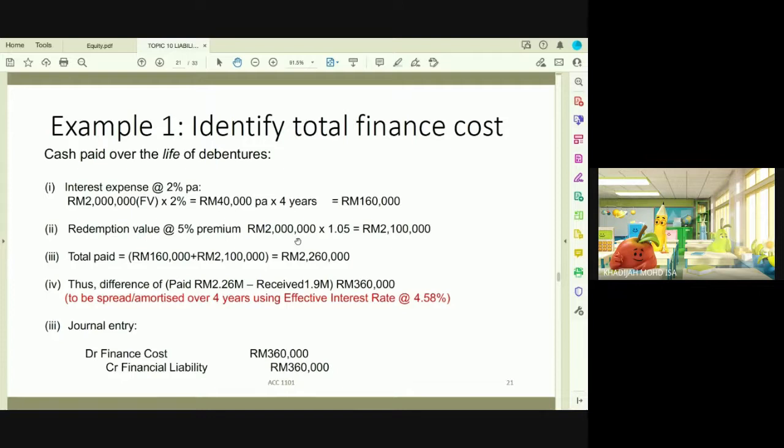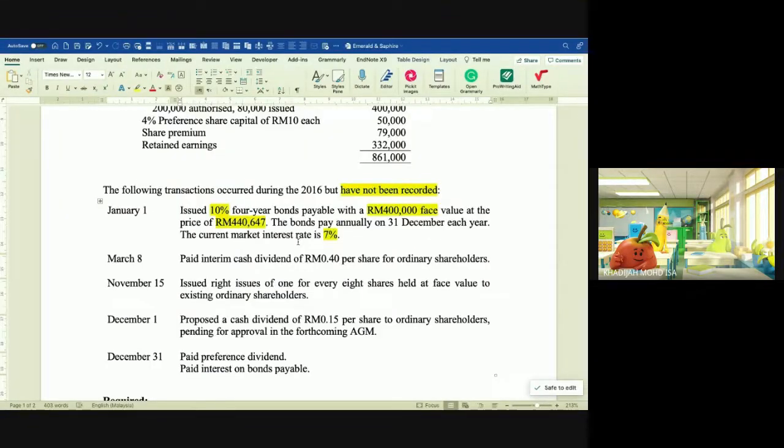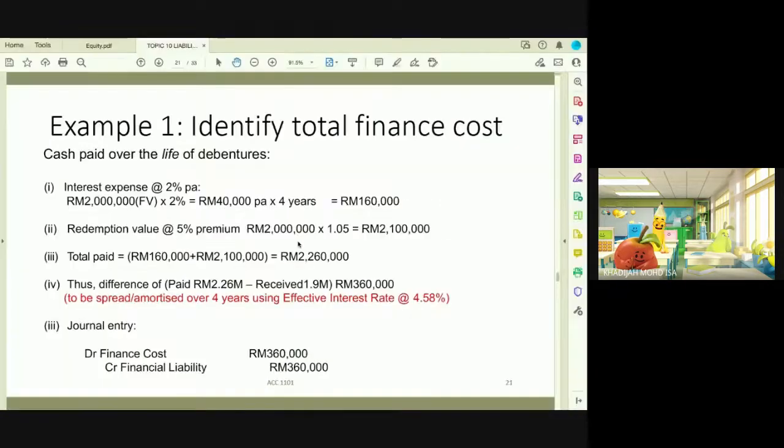Okay. And then number two, let's compute the redemption value. The redemption value, it says that the bond pays annual on 31st December each year, the current market rate is 7%. So where does that 7% come in?